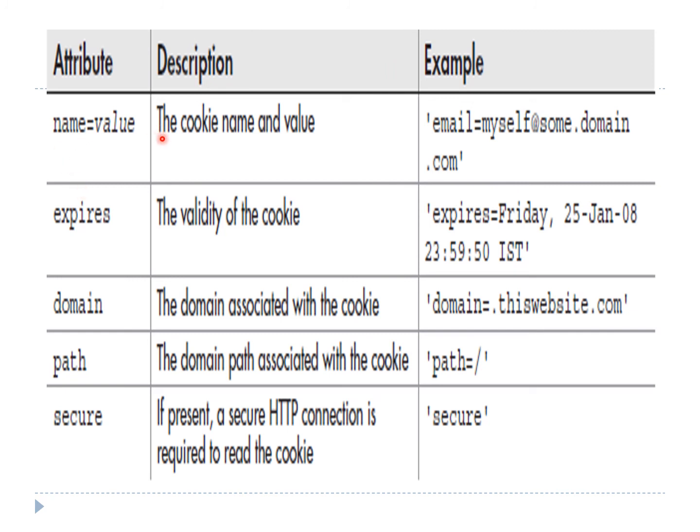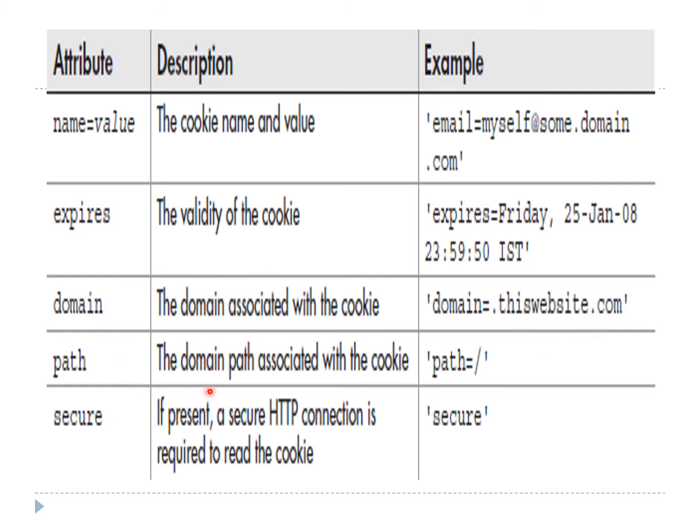Attribute name equals value: the cookie name and value, like email equals myself@some.domain.com. Expires: the validity of the cookie, expires Friday 25 Jan 2008 time IST, likewise. Then domain: the domain associated with the cookie, that is .thiswebsite.com.